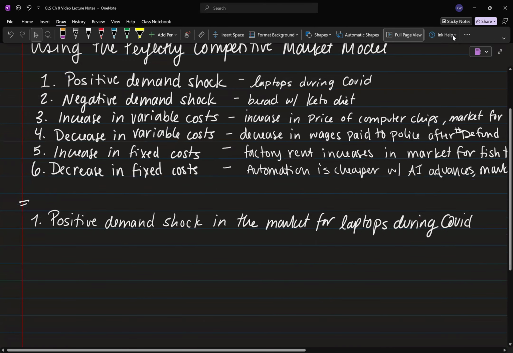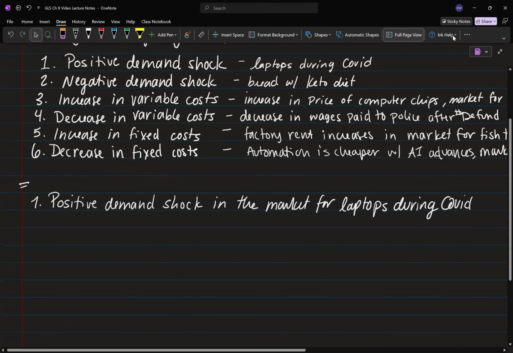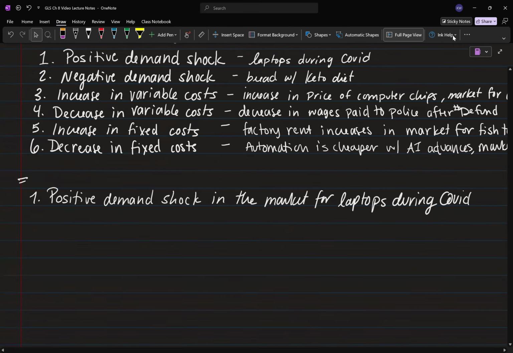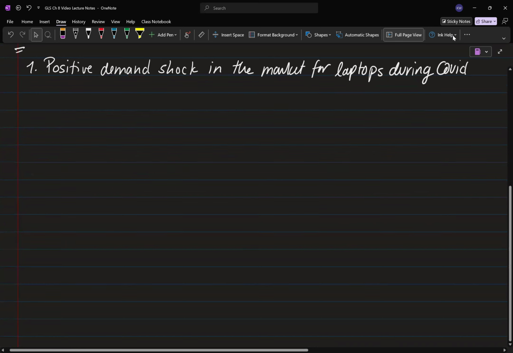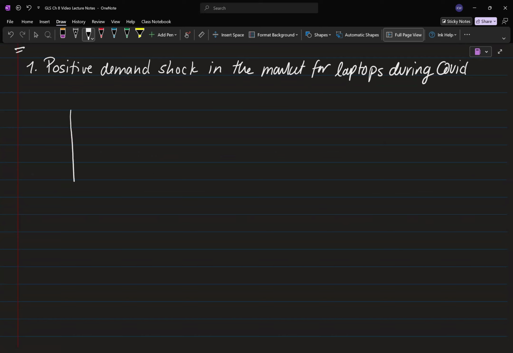Okay. So let's start with our first one, positive demand shock in the market for laptops during COVID. As you start off, the way you start any of these problems is going to be exactly the same. So you want to start with drawing your market graph in equilibrium.